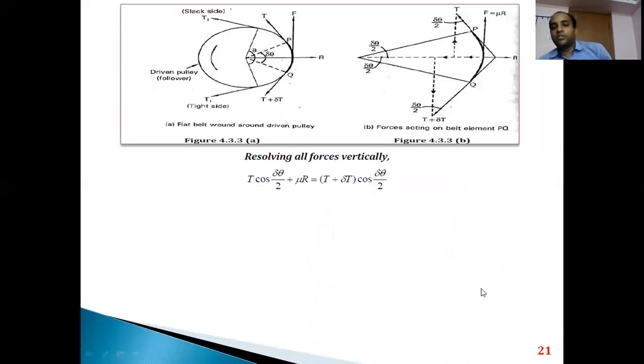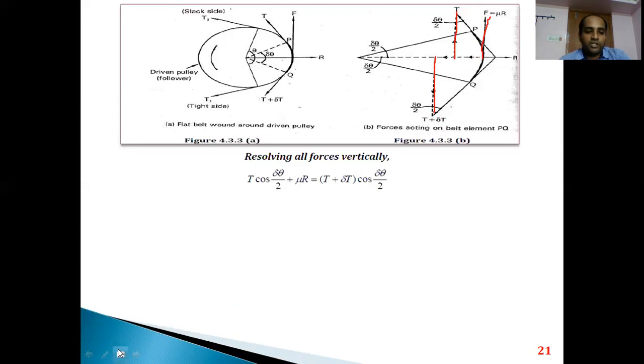Now we go for the resolving of forces along the vertical axis. As we see in the figure carefully, in the vertical axis we have T cos delta theta by 2 plus F, where F is equal to mu R, on one side, which is equal to T plus delta T into cos delta theta by 2 on the other.